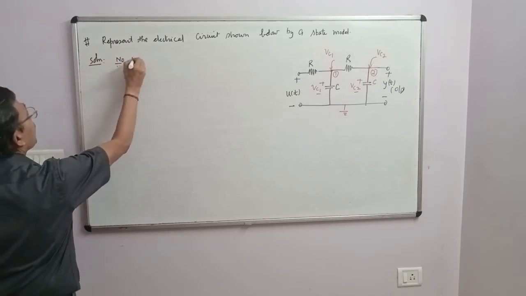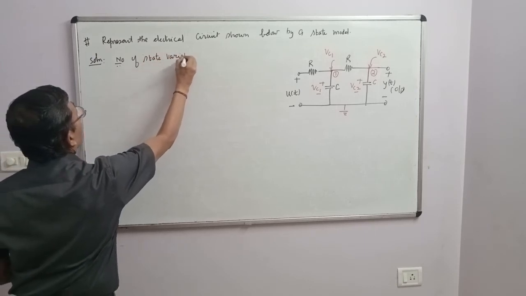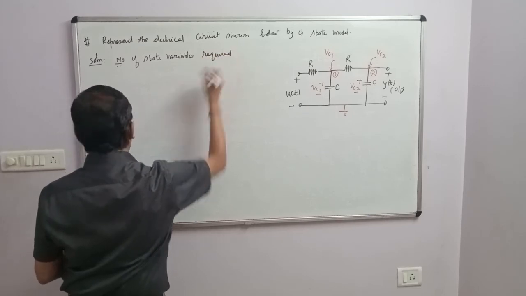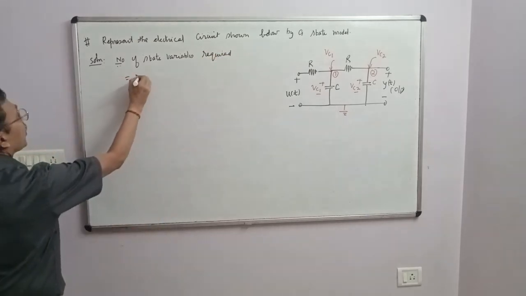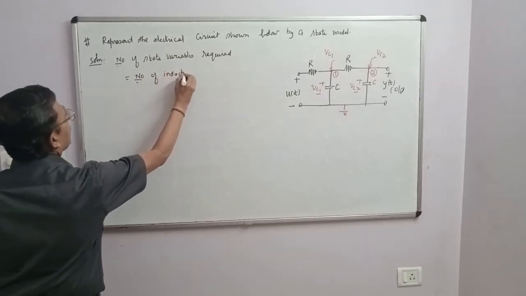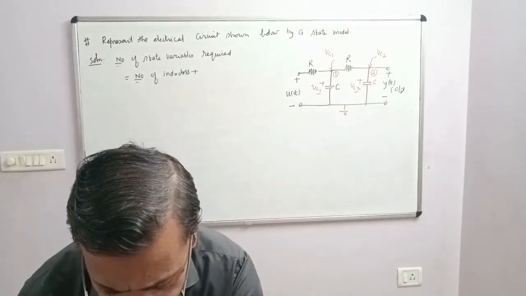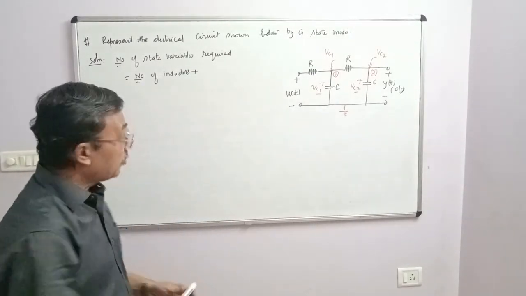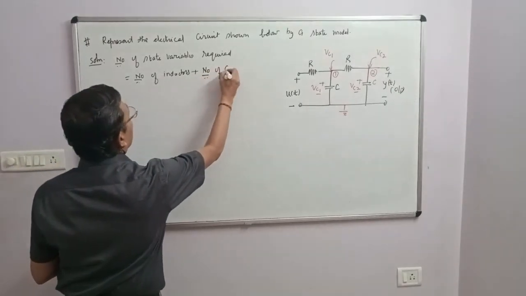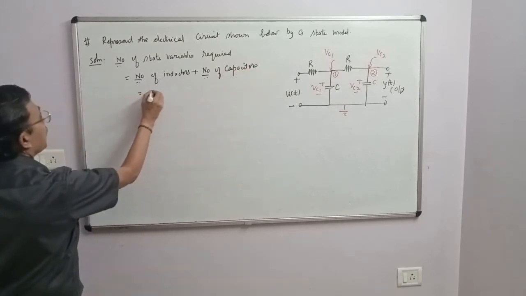Number of state variables required is equal to number of inductors plus number of capacitors. There are no inductors, therefore this is 0.